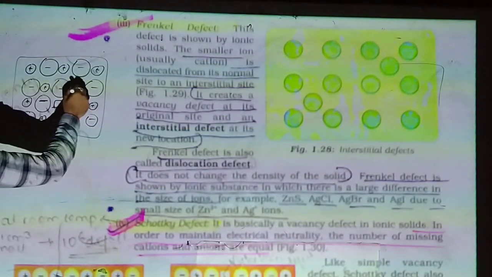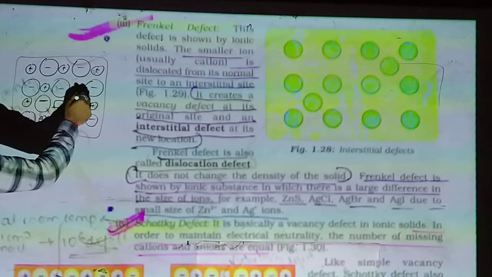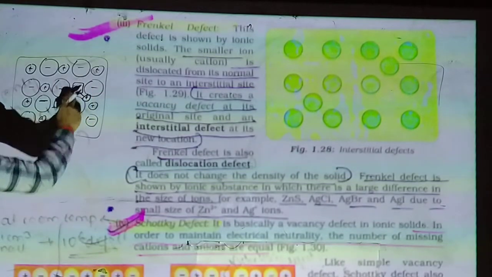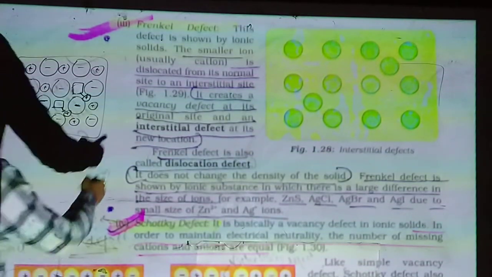Here the positive ion is small, so it moves to the interstitial site and makes a vacant space in its original position. So this type of defect is called dislocation, otherwise interstitial, otherwise Frenkel. Three names of this defect.